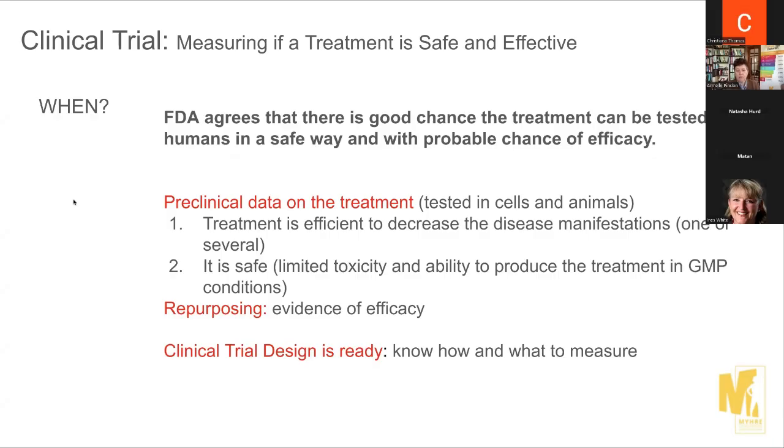If you are looking at repurposing, you just need the evidence of efficacy because the safety has already been done before. So does everyone know what is repurposing? Yes. Okay, so all the testing has been done already. Maybe not everybody does, because I don't see you, because on my screen I have only one screen.